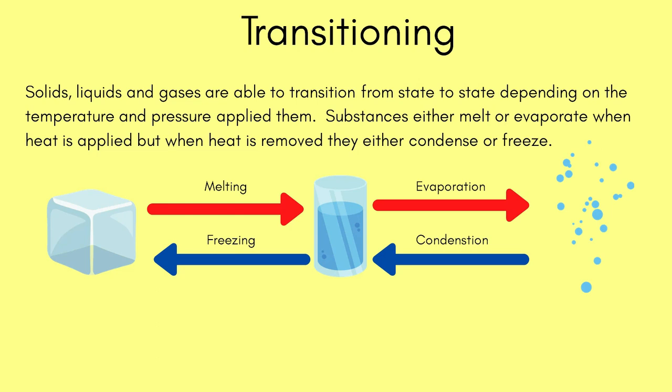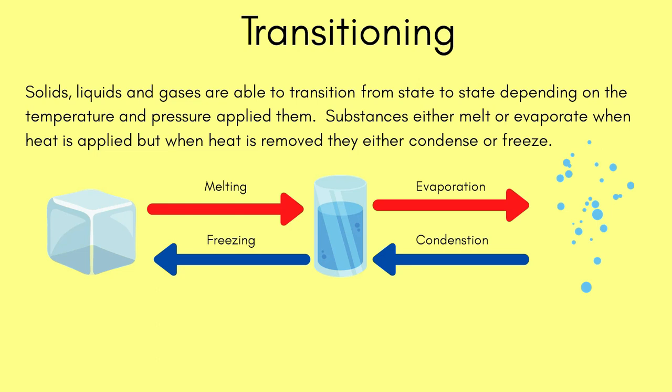Solids, liquids, and gases are able to transition from state to state depending on the temperature and pressure applied to them. Substances either melt or evaporate when heat is applied, but when heat is removed, they either condense or freeze. When a solid becomes a liquid, it melts. When that liquid transitions into a gas, it evaporates.